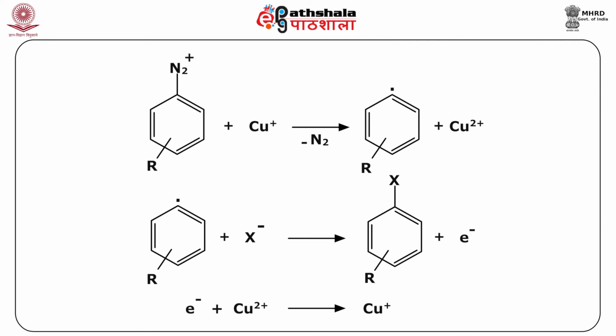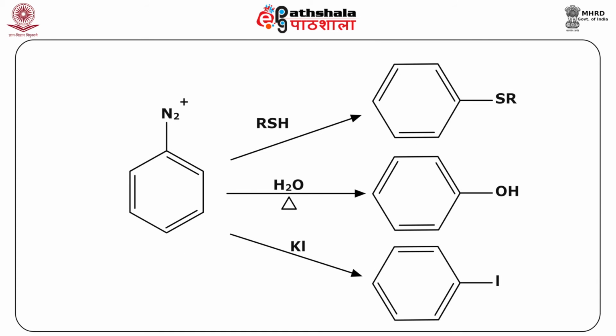Mechanism is explicitly shown in the various steps. Sandmeyer reactions, as discussed above, require catalyst of copper plus ions, but the Sandmeyer type reactions with thiols, water and potassium iodide don't require the catalysis.